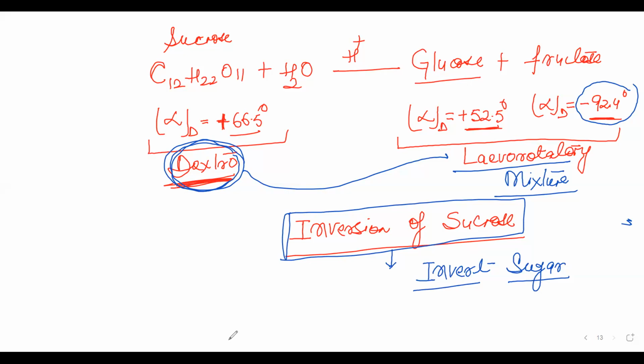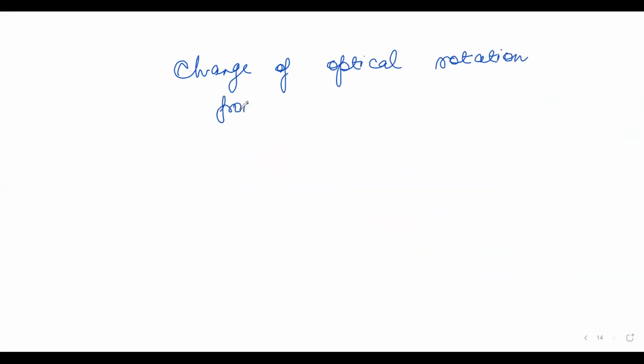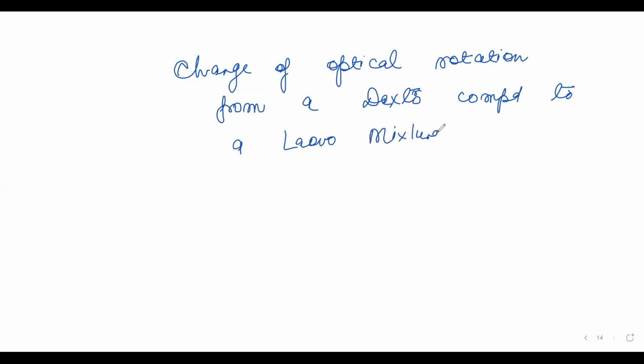So this phenomenon of change of optical rotation from a dextro compound to a levo mixture is called as inversion of sucrose.